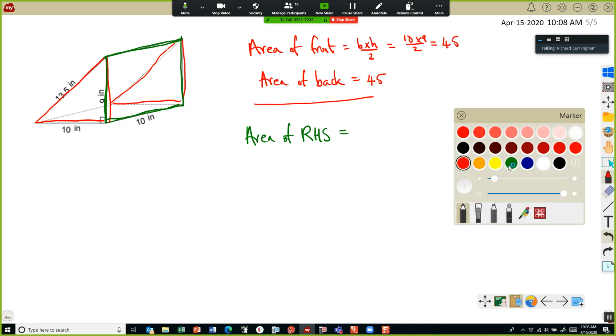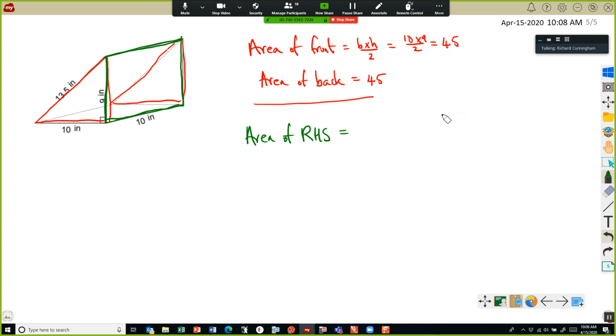Have we had a go at the right hand side, so the bit in green? What's the area of the piece in green? Yep, 90, thank you. So that's 10 times 9, because it's just a rectangle.